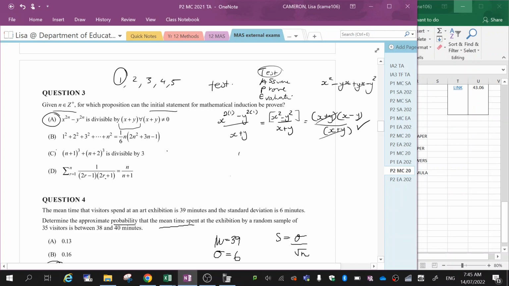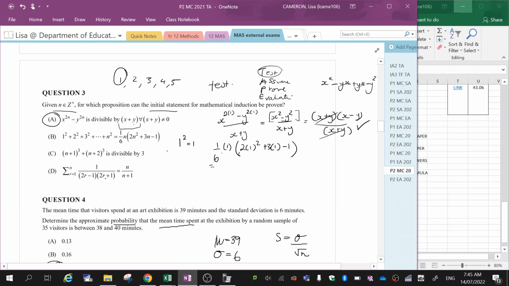But let's just go through the others to see what would happen if it wasn't A. Okay, so this one here, if I test the statement in B for it to be 1, that means my left-hand side is going to be 1 squared, and my right-hand side is going to be equal to 1 over 6 times 1, bracket 2 times 1 squared plus 3 times 1 minus 1.